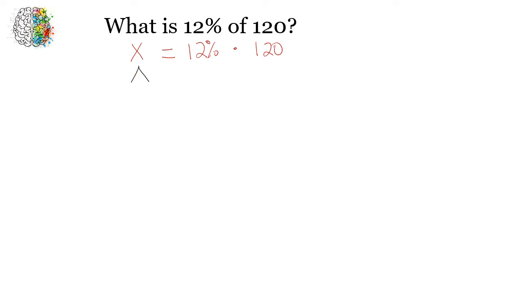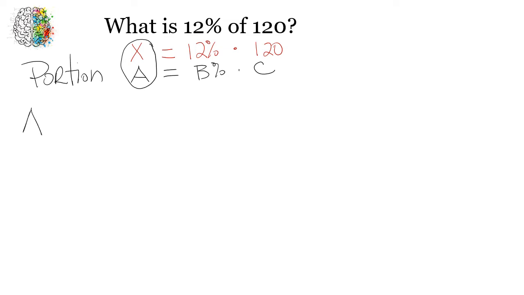So I know I can set that up as A equals B percent times C. I see that my equation is in the form of A equals B percent times C. That tells me my unknown is A. It's a portion of the total. So I'm solving for a portion.